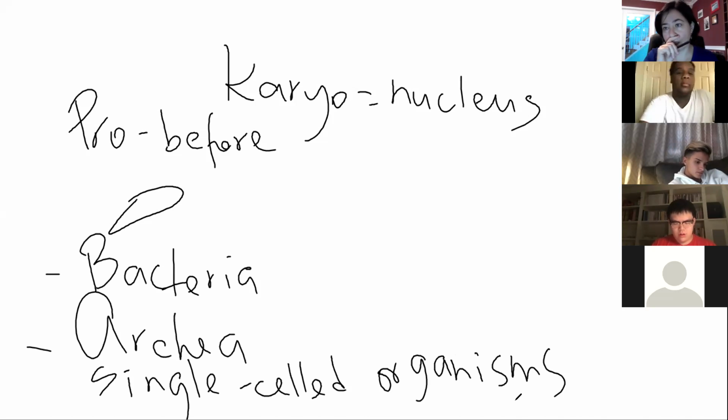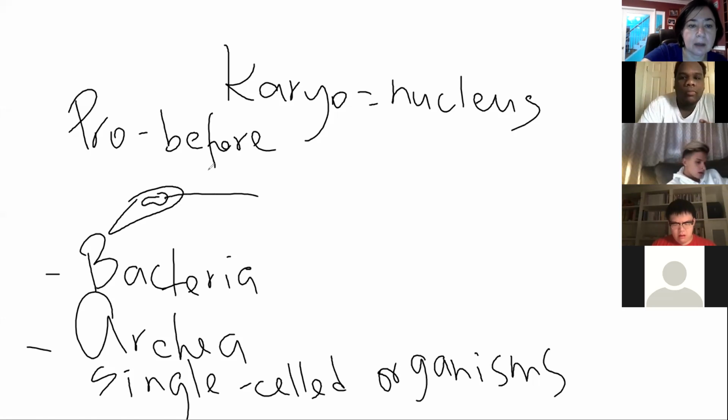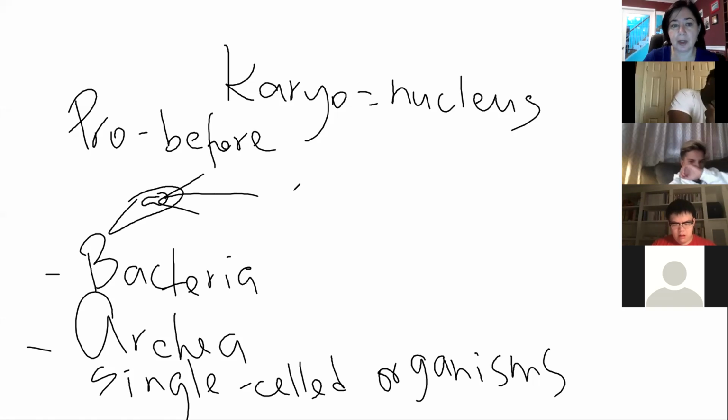Now, if you're made of only one cell, you don't really need much genetic material, right? So you have DNA, but it's relatively small because, again, it has to code for only one cell. So genetic material in prokaryotes is not organized into additional structure, right?